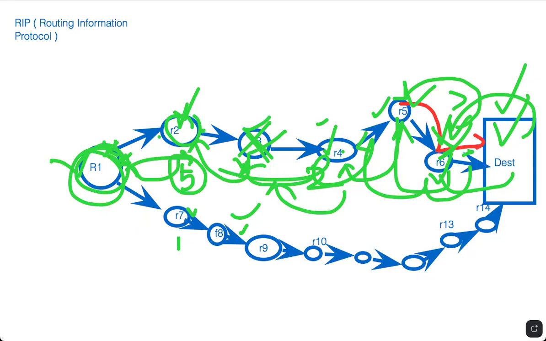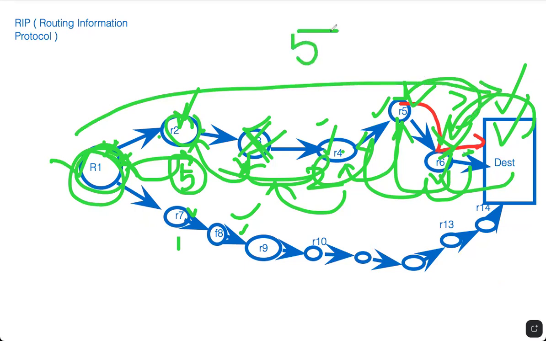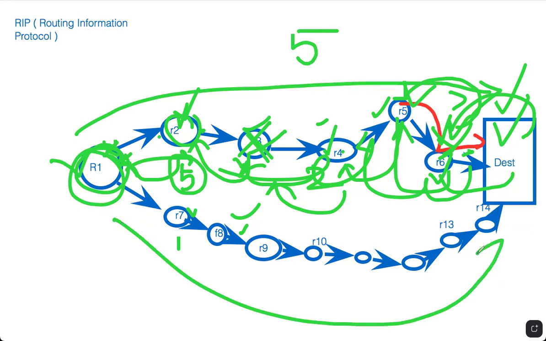Let's say the best path is this one with 5 hops. If the other path is also 5 hops, then what will be the condition? Then it can choose any of the paths. It can use load balancing with ECMP. When the paths are equal, RIP does equal cost multipath, because both of them have the same number of hops. Then it can choose one of the paths.